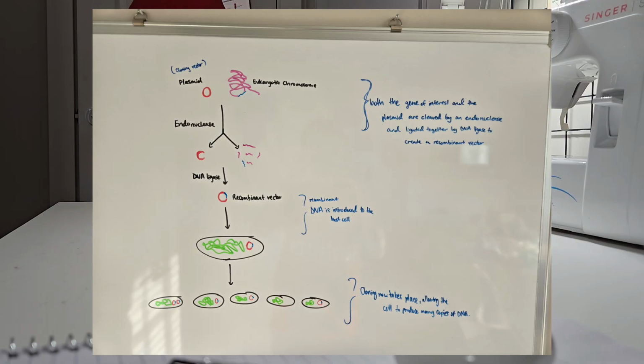Then this recombinant DNA, or recombinant vector, is introduced into a host bacterium cell. And from there, the bacteria is able to clone, or replicate itself. The idea is to get the recombinant vector into all of these plasmids, so you're replicating this gene of choice into all the bacteria.